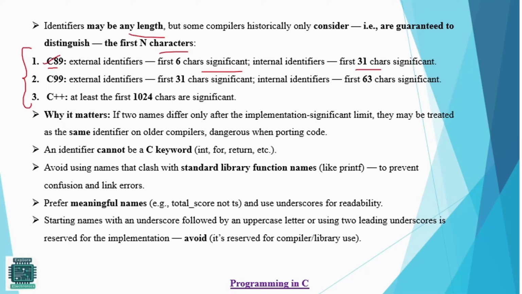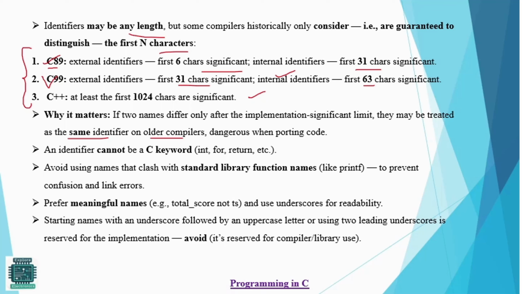For the C99 version, the first 31 characters are significant for external, and when it comes to internal, 63. In C++, at least the first 1024 characters are significant. Why does it matter? If two names differ only after the implementation's significant limit, they may be treated as the same identifier by an older compiler, and it is dangerous when porting code.